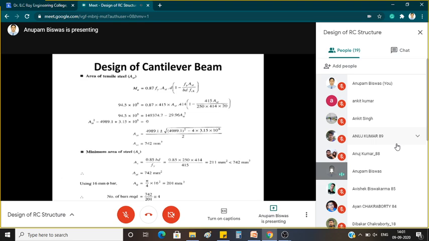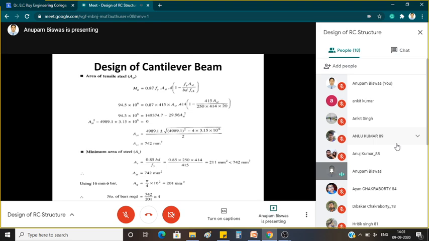So after obtaining the value of Ast, the next step is we have to find the minimum area of steel. So the minimum area of steel is obtained by the equation As is equal to 0.85 b d by Fy. Okay, so all these formulas are actually given in your IS code, but I will suggest you to learn all those formulas by heart.